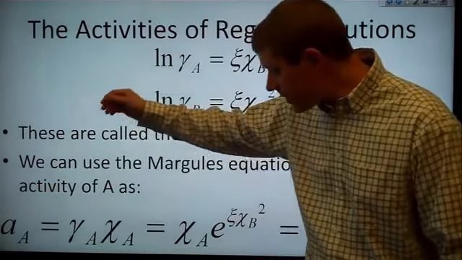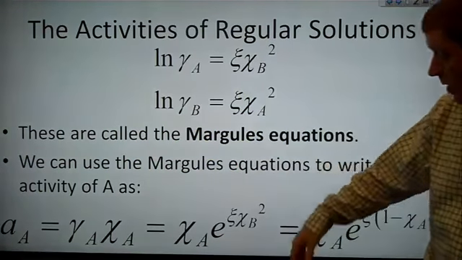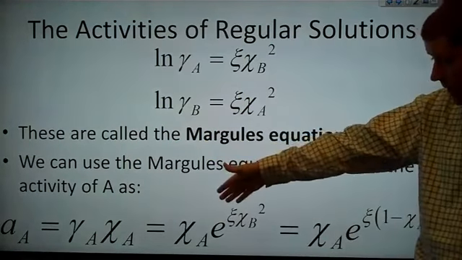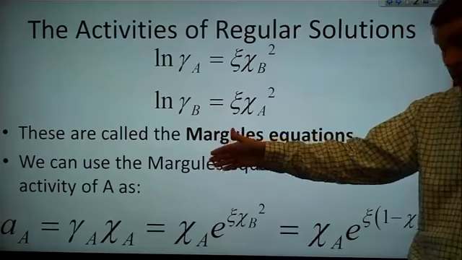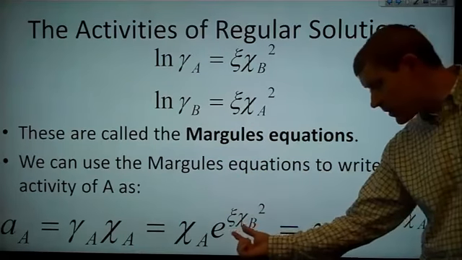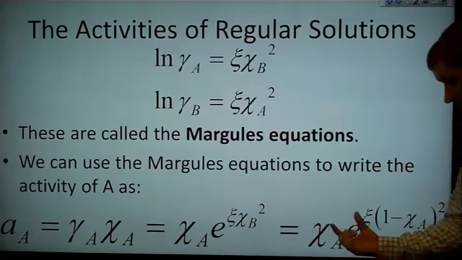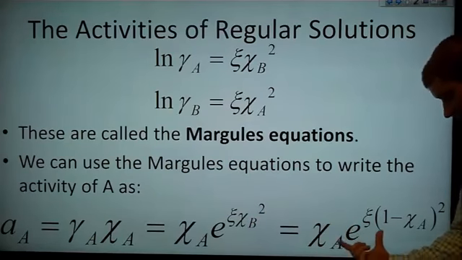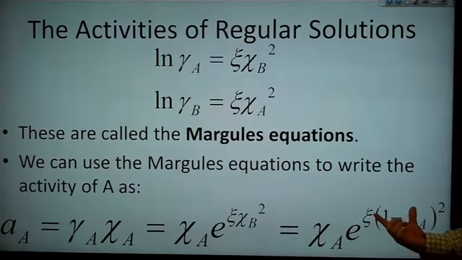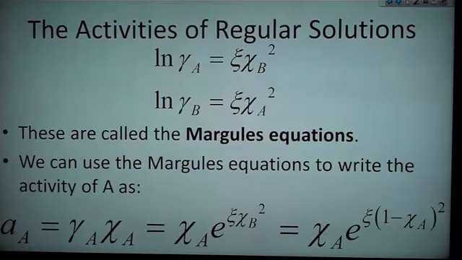So the activity of A is equal to gamma A times the mole fraction of A, which is equal to the mole fraction of A times e to the xi chi B squared, which is equal to the mole fraction of A times e to the power of xi times the quantity 1 minus the mole fraction of A, squared.